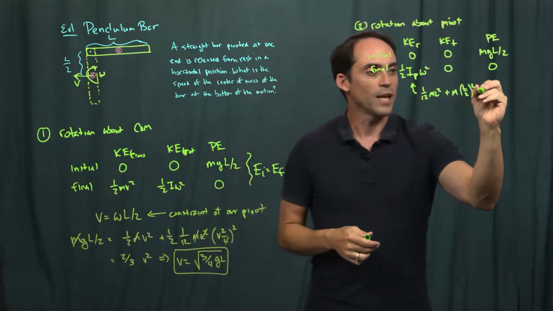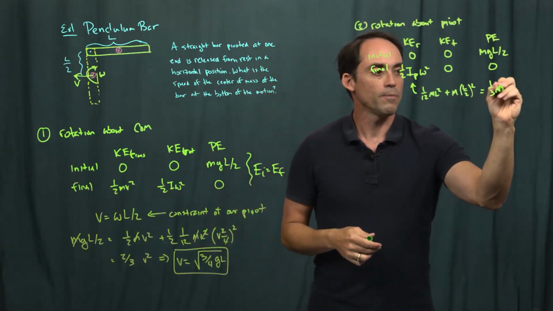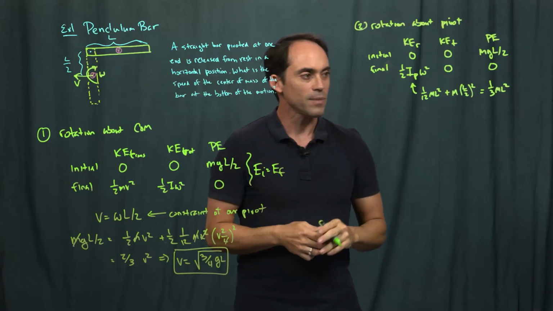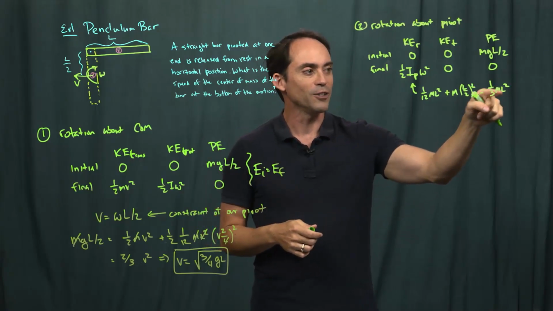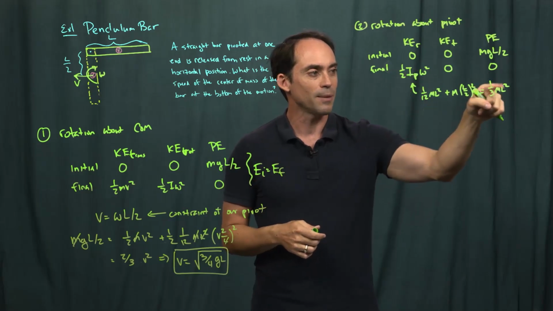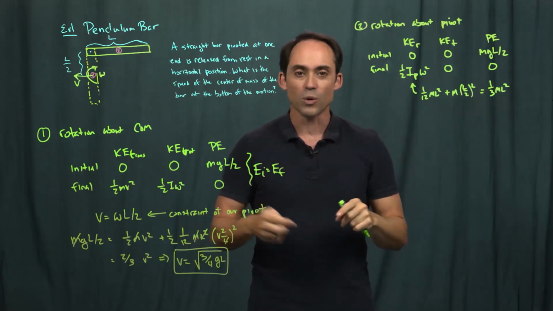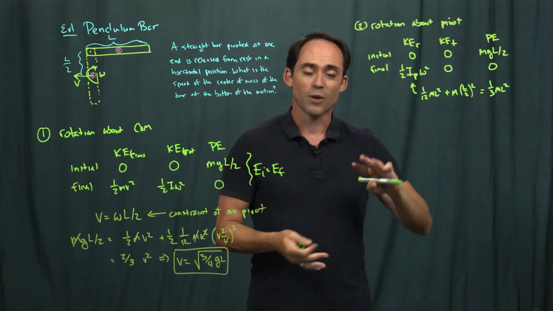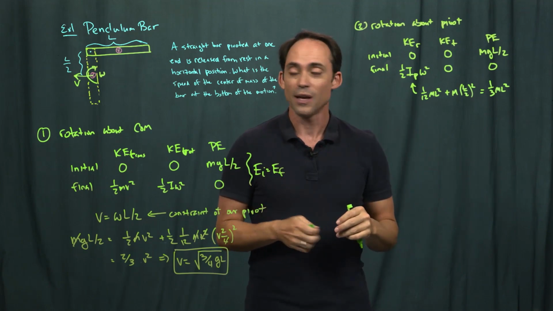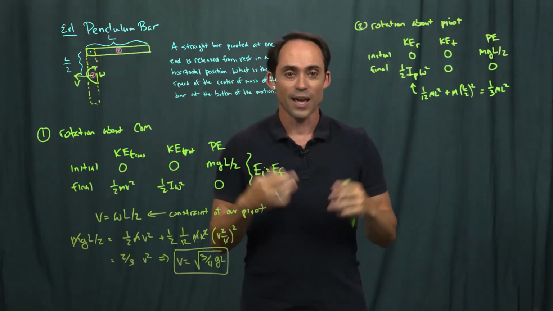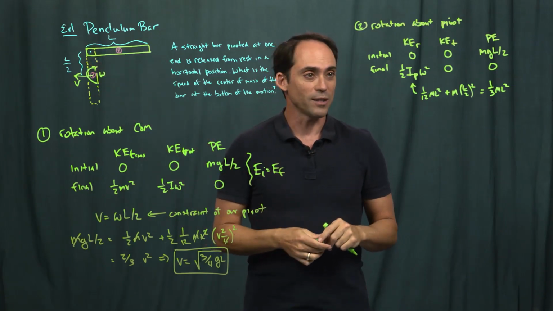And when you do the math for that, that gives us 1/3 mL squared. And it should be very clear now that I've actually put more energy into rotation here because this number is bigger than the 1/12 mL squared I used before. So I've kind of hidden some of my translational motion into rotational motion by choosing the pivot point as the point at which I'm going to measure these quantities.